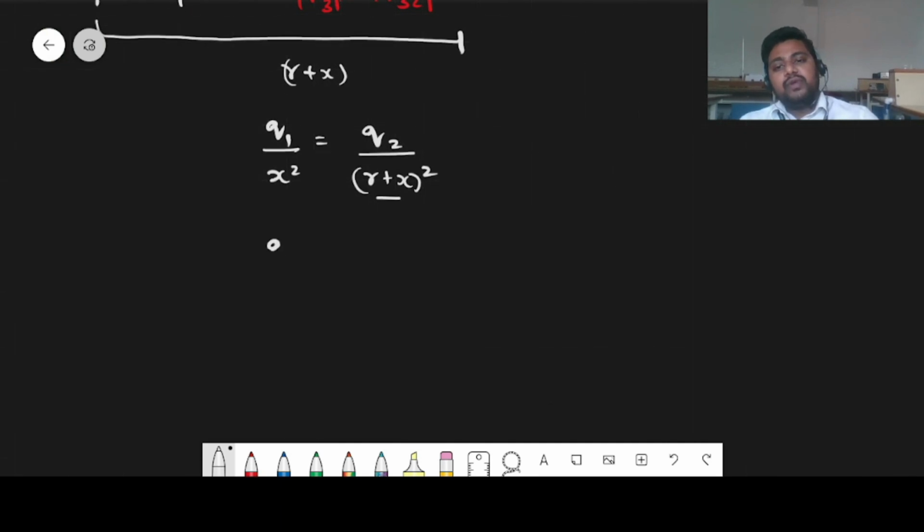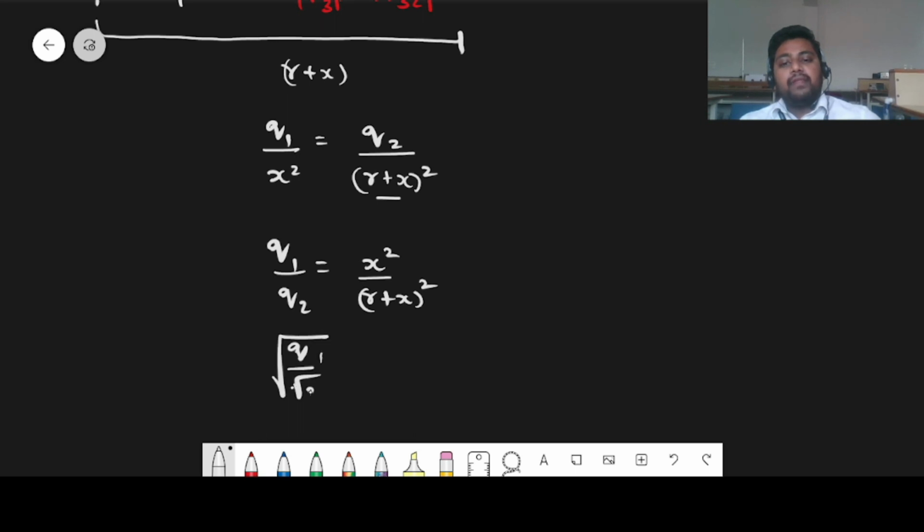So you can write this as q1 by q2 is equal to x square divided by r plus x whole square. From this equation, root q1 by root q2 is equal to x by r plus x.